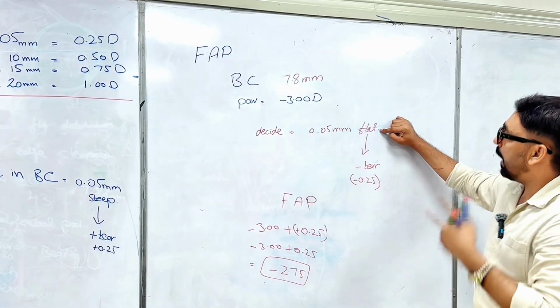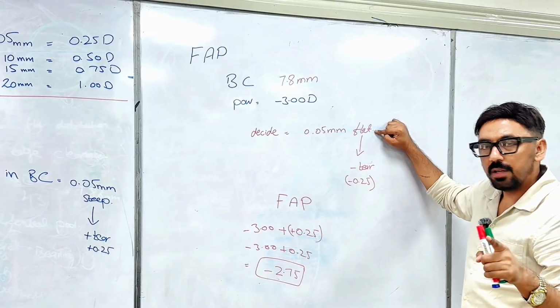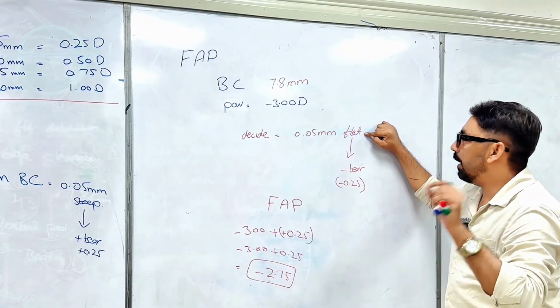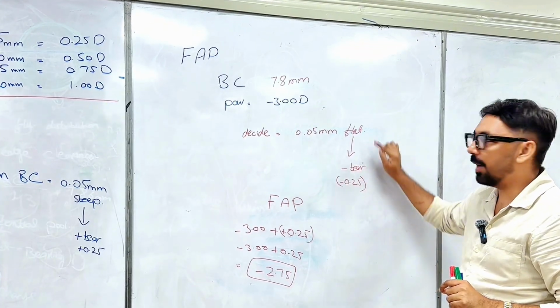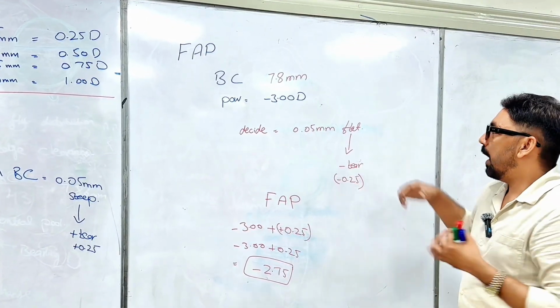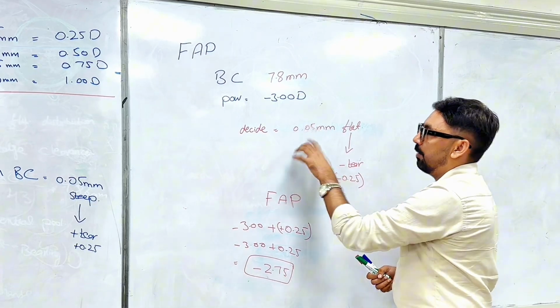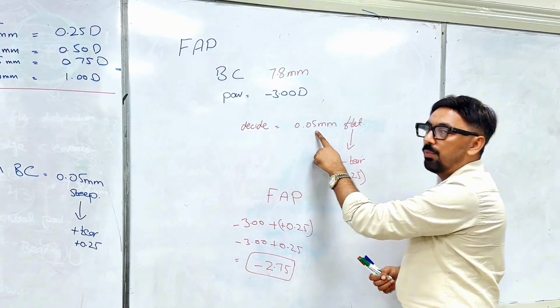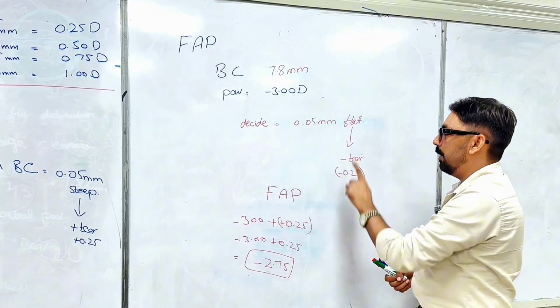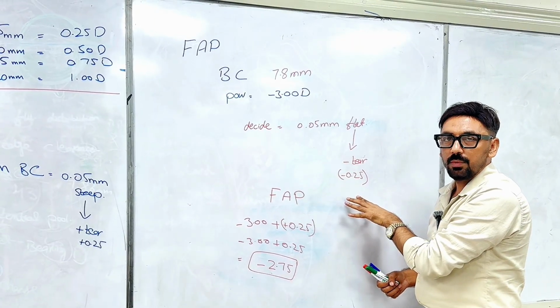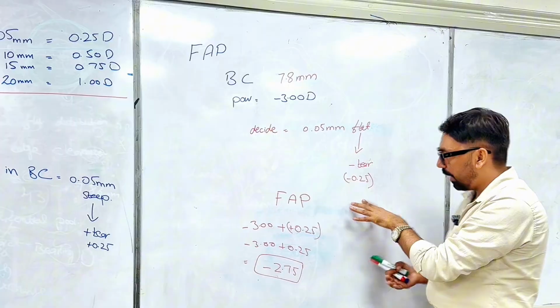You are flattening the base curve, and you know very well that flattening produces a minus tear lens. Flattening always gives a minus tear lens. The change in base curve is 0.05, and if the base curve changes by 0.05, it will give minus 0.25 change in the power.